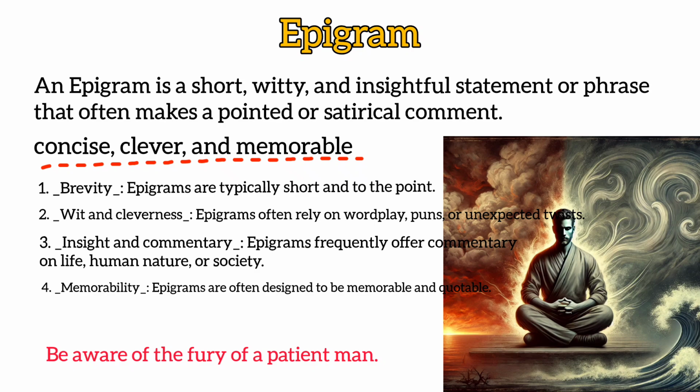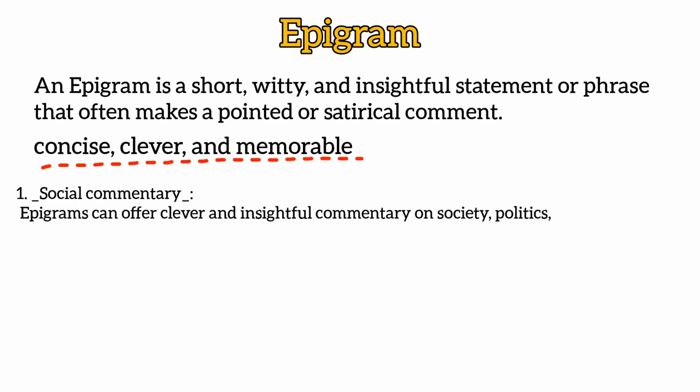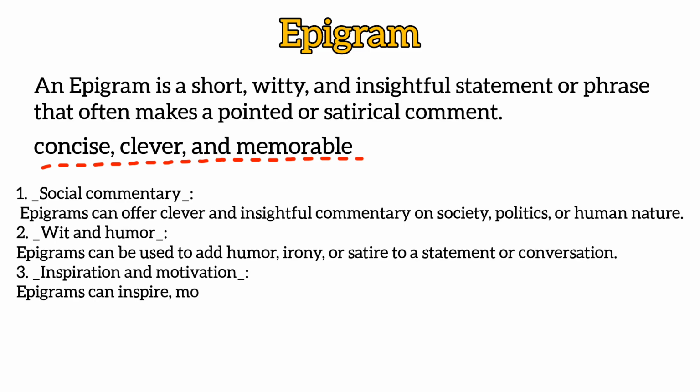So, an apparent contradiction in the meaning of the language with an idea underneath that a patient man, when furious, may become really dangerous. So, the uses of epigrams in language are social commentary.